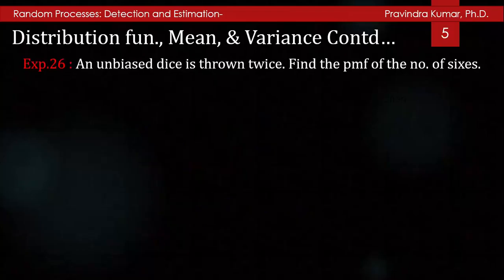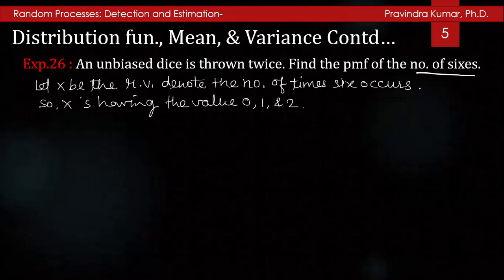Let us consider one example. An unbiased dice is thrown twice. Find the PMF of the number of sixes. Here I consider the number of sixes as a random variable, so X is the random variable denoting the number of sixes that occur.